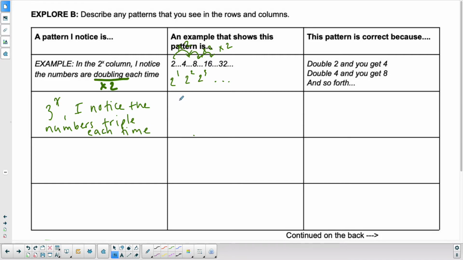So 3 to the first power was 3. 3 to the second power was 9. 3 to the third was 27. 3 to the fourth was 81, and so on.